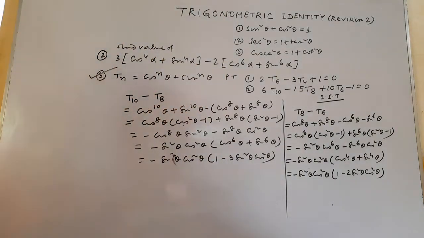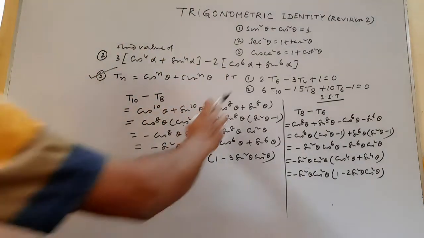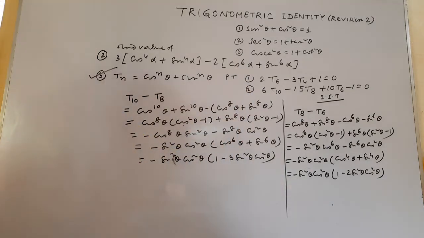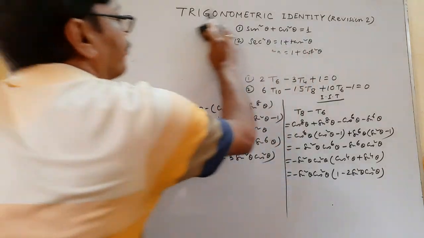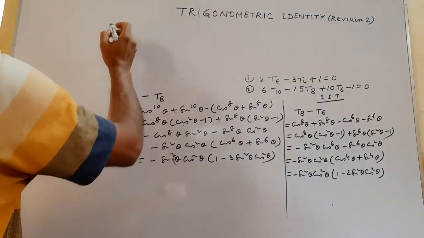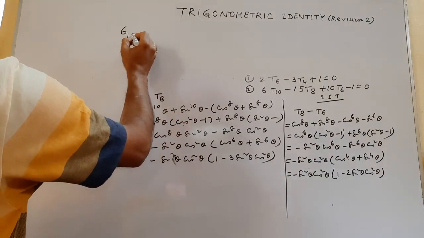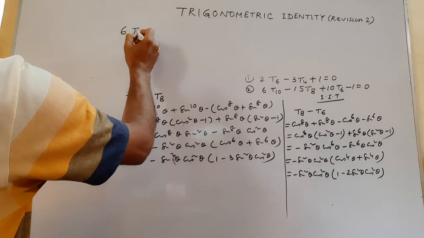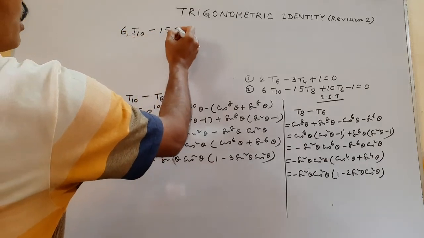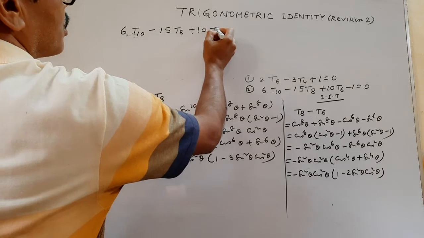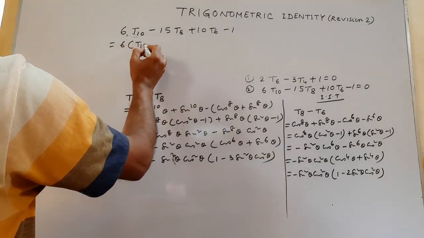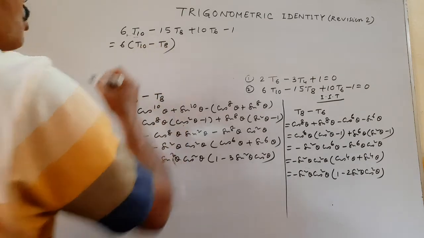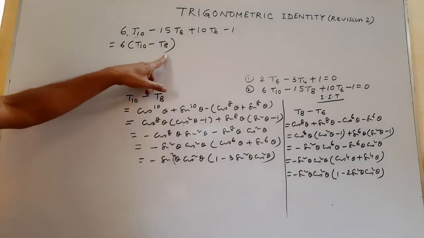Now, problem number 3, second part. Look, 6 T10 minus 15 T8 plus 10 T6 minus 1. So we know T10 minus T8.